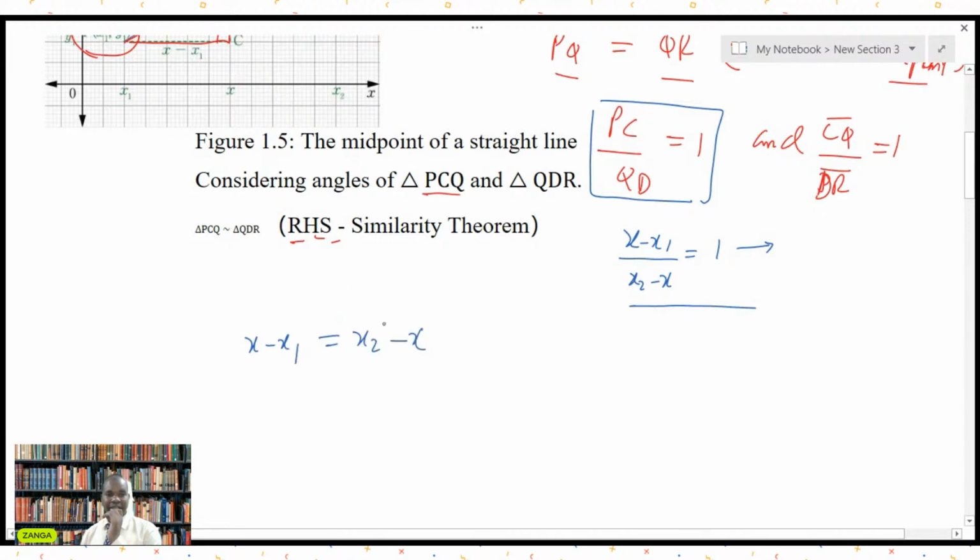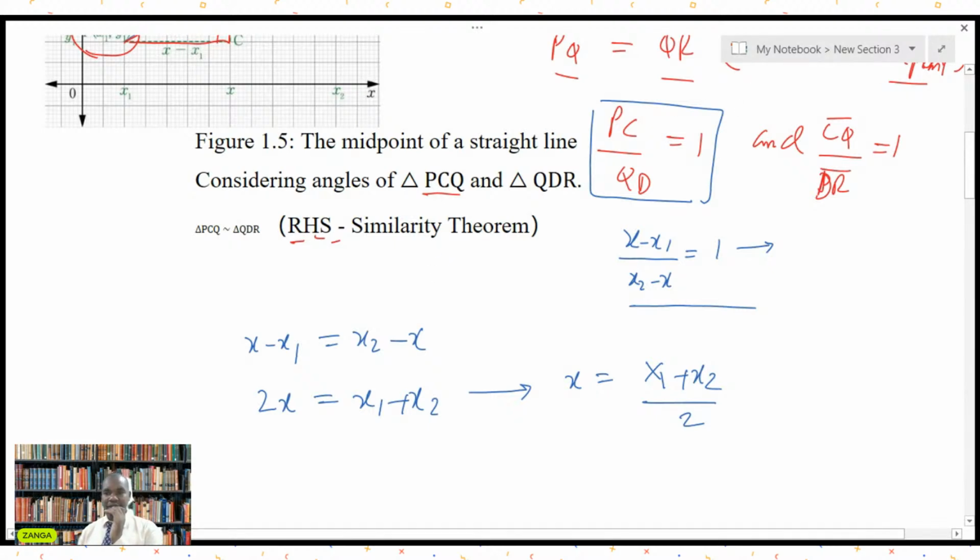When you collect like terms, we'll be having 2x equals x1 plus x2. And you'll be dividing by 2 both sides, so that x now will be x1 plus x2 divided by 2.